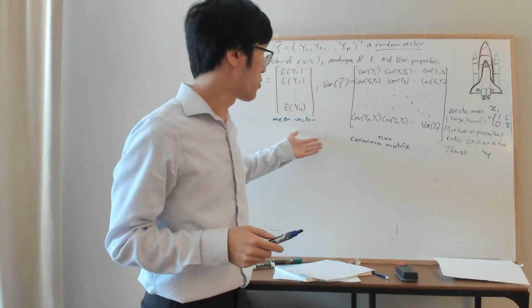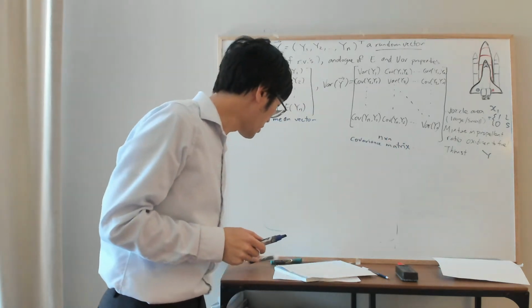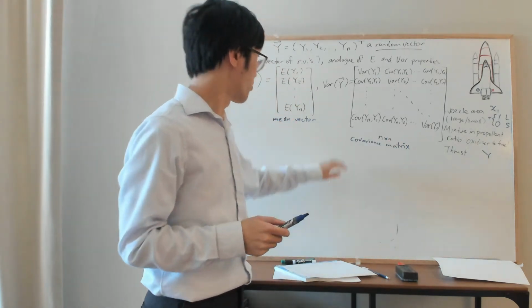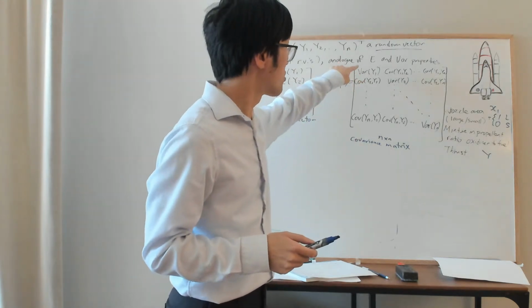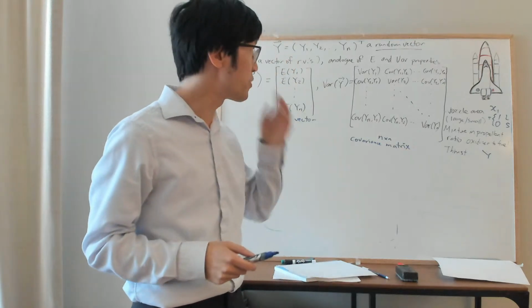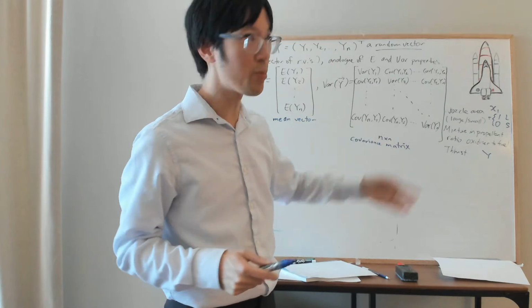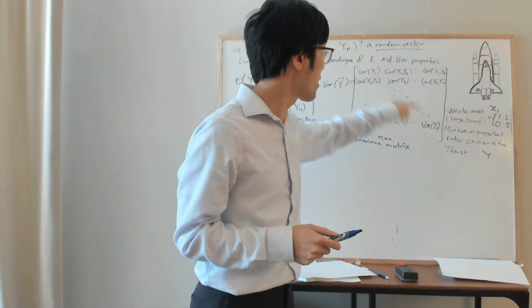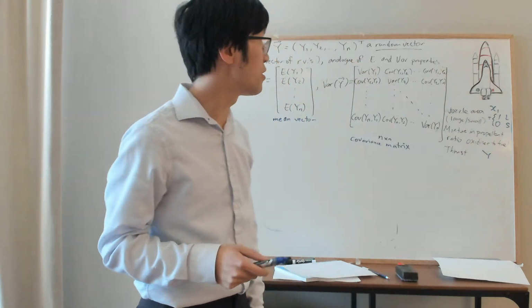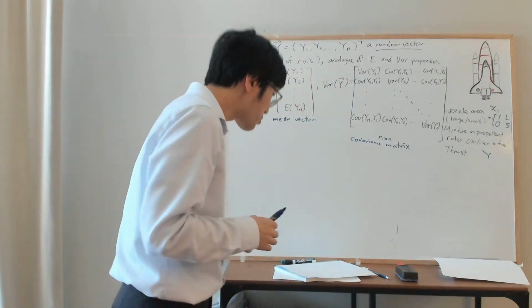Some people also call this the variance covariance matrix, but I think covariance matrix is clear and shorter. Notice that the diagonal elements are the covariances of each random variable with itself, and so the diagonal terms can all be written simply as the variances of each of the y's.